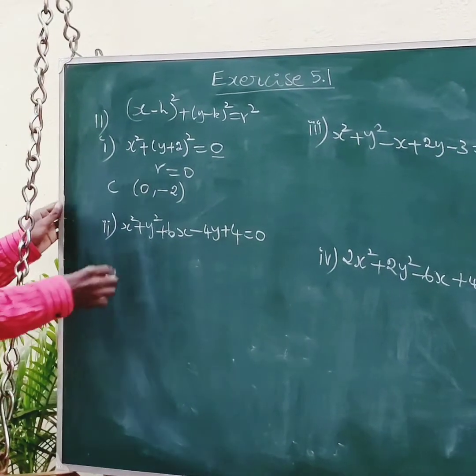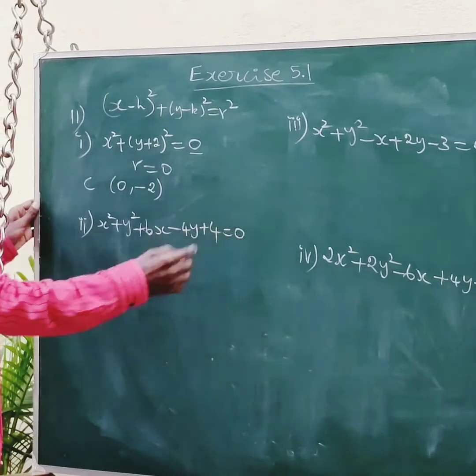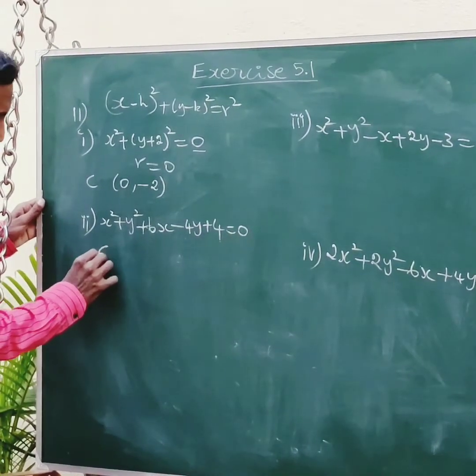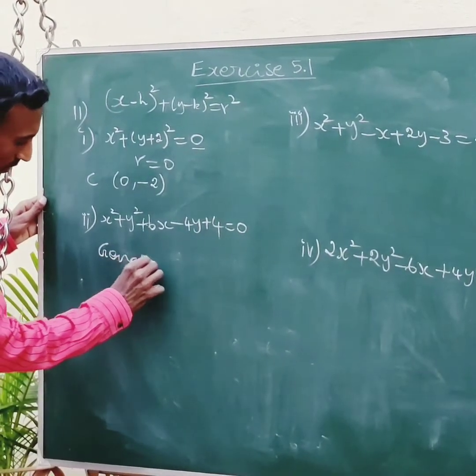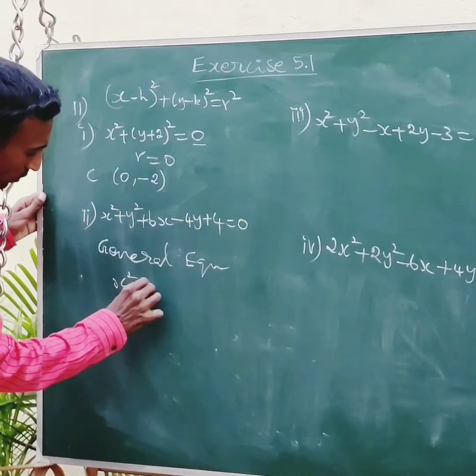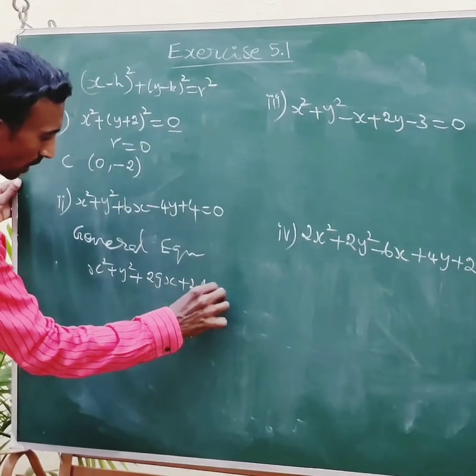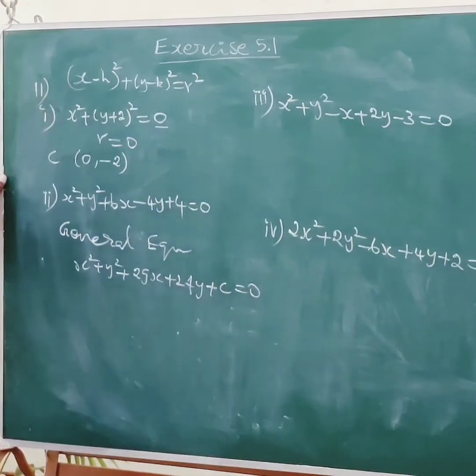So second equation, x square plus y square plus 6x minus 4y plus 4 equal to 0. So compare with the general equation, x square plus y square plus 2gx plus 2fy plus c equal to 0.